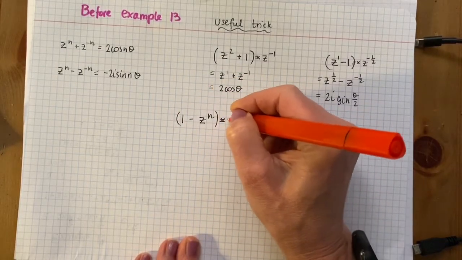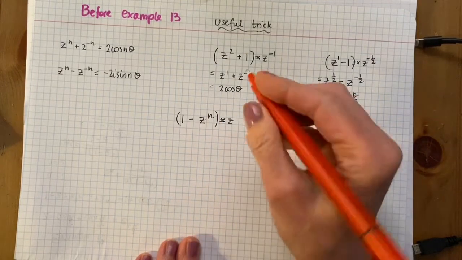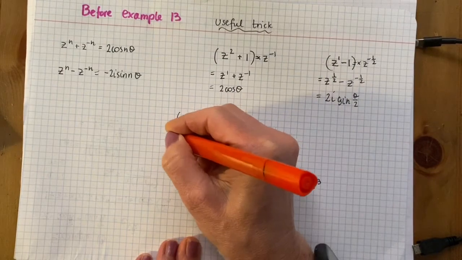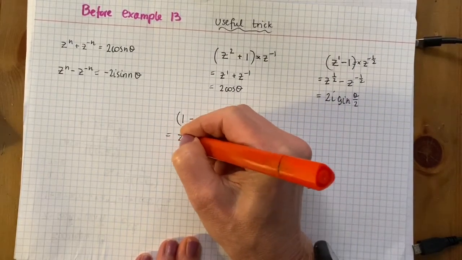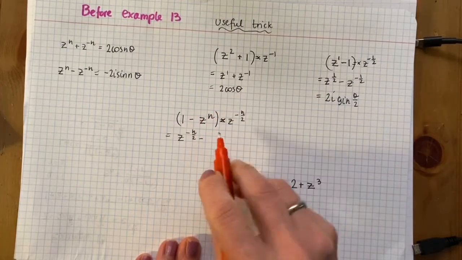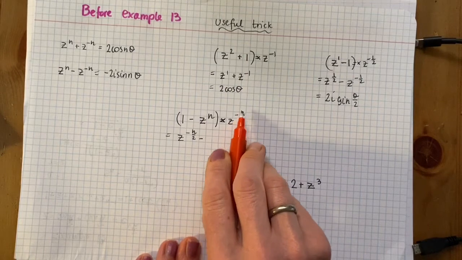Now you can have the terms reversed, so over here still the same idea. Let's multiply it by z to the power of half of this power, but with a minus, so minus n over 2, and let's multiply it out. You're going to get z to the power of minus n over 2 minus z to the power of n times z to the power of minus n over 2.